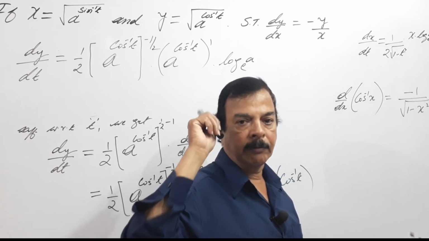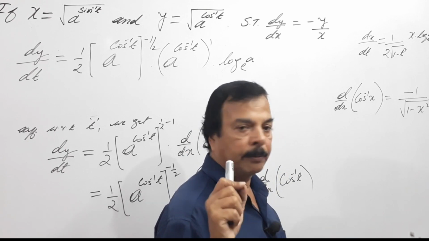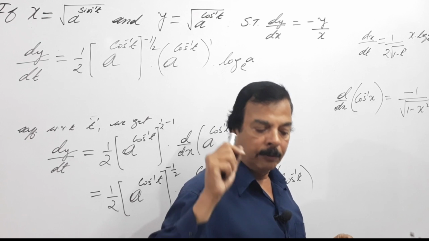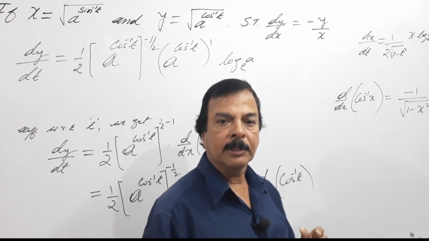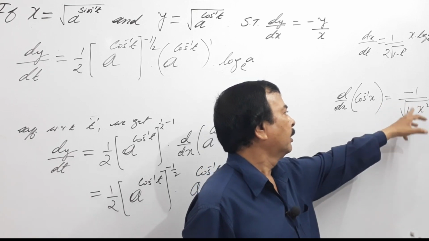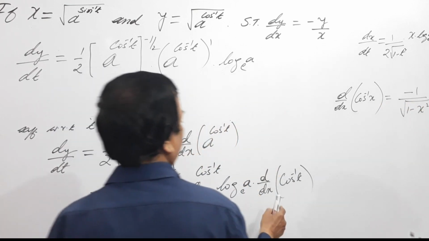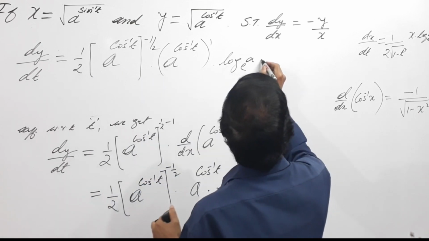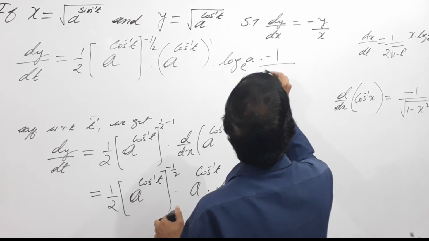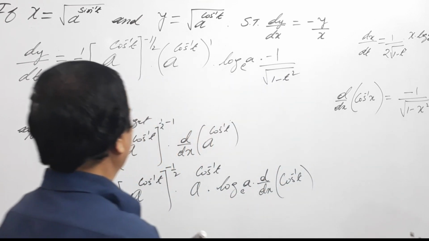I have been telling you right from the beginning when I was doing problems on formulae. So in class 1 I have given you a list of formulas, please go through that. So d by dx of cos inverse x is minus 1 by under the root 1 minus x square. So what happens here? Into minus 1 by under the root 1 minus t square.